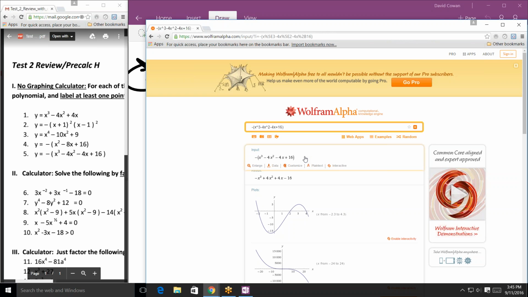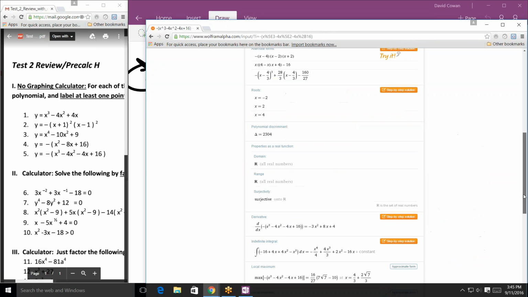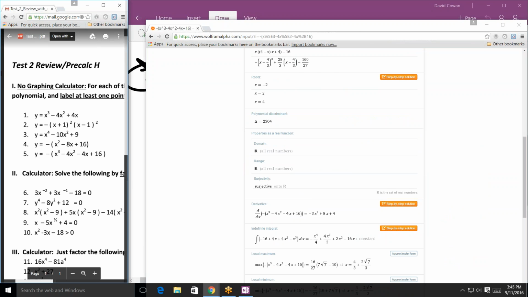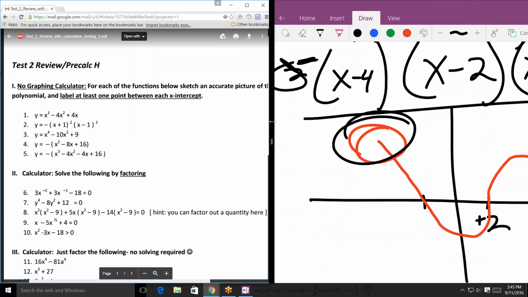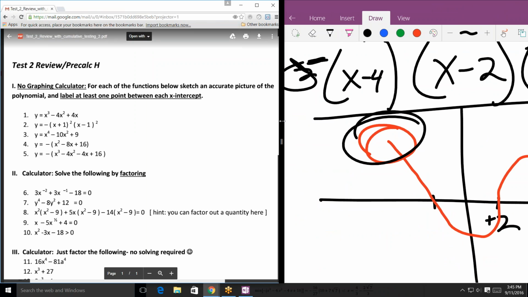So getting visual feedback on what you actually typed in is pretty huge. It also gives you the domain and range, which is nice too.